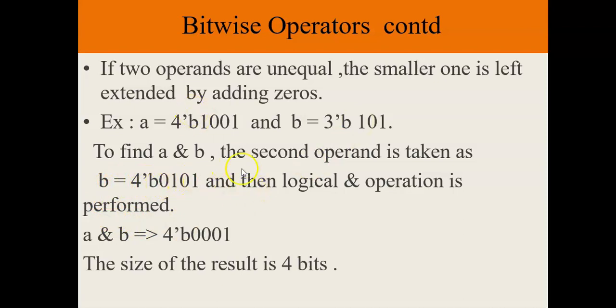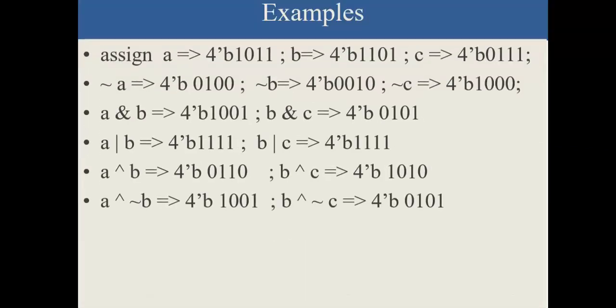Then we can perform the logical operation A and B, which gives 0001. So the size of the result is also 4 bits, as I explained earlier. It will always take the size of the larger operand.